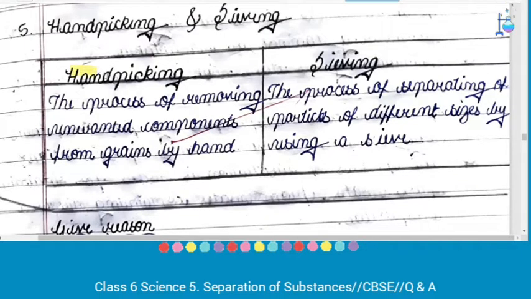Fifth difference is hand picking and sieving. What is hand picking? The process of removing unwanted components from grains by hand. Then what is sieving? Sieving is the process of separating the particles of different sizes by using a sieve.